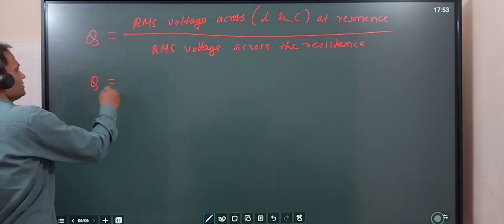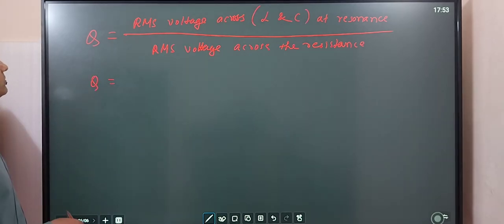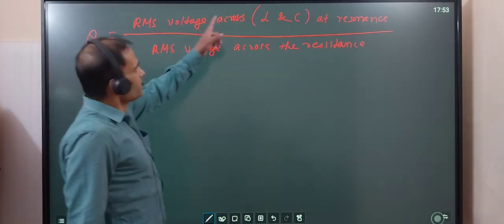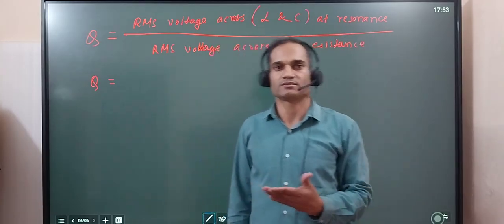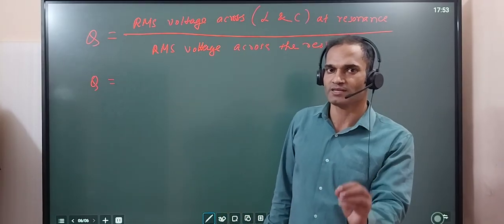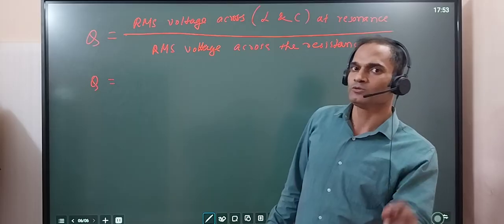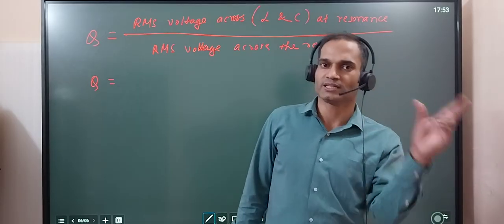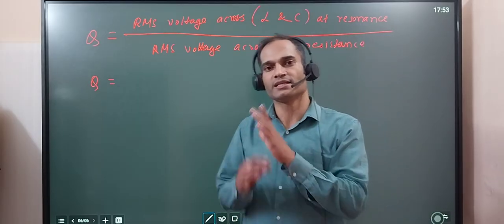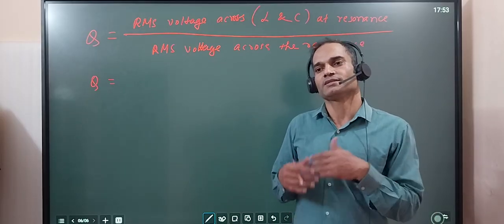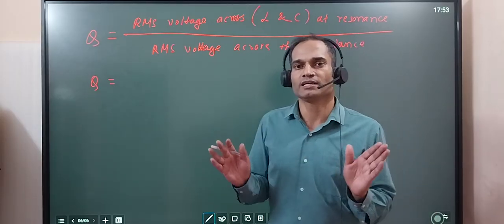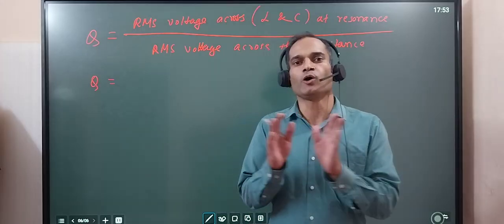See, average value is 0, but RMS value is not 0. Now, RMS value across inductance or capacitance. At resonance, what happens? RMS value across the inductance and capacitance are the same. So what is the difference? The difference is that they have opposite sign, they are out of phase.